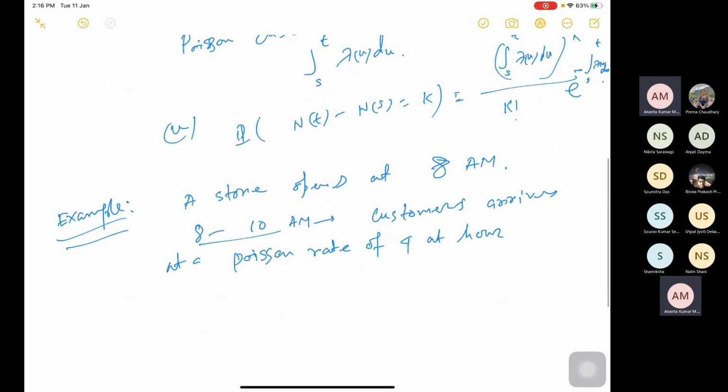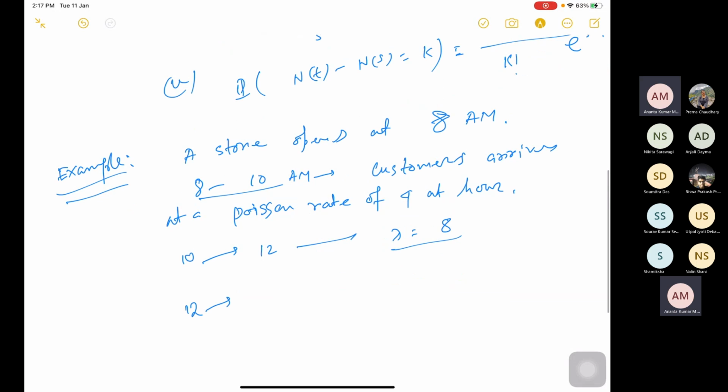That means from 8 to 10, customers arrive at a Poisson rate of lambda equal to 4 per hour. Then from 10 to 12, lambda is equal to 8.